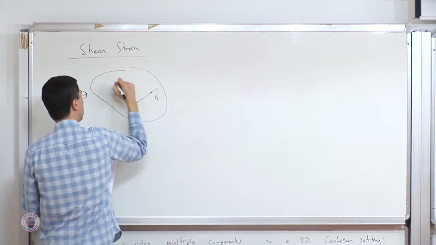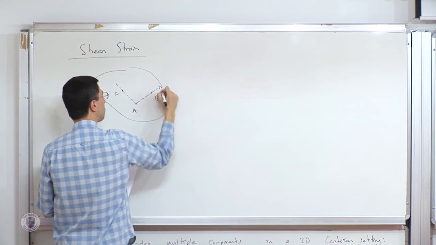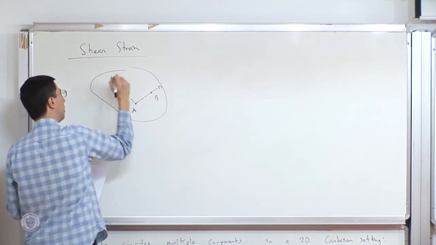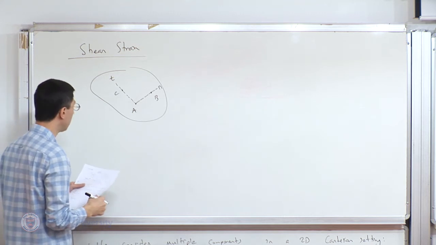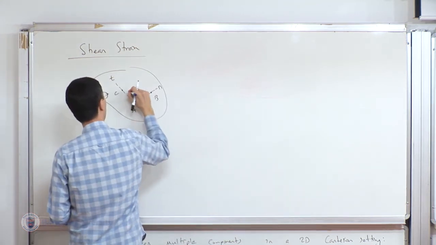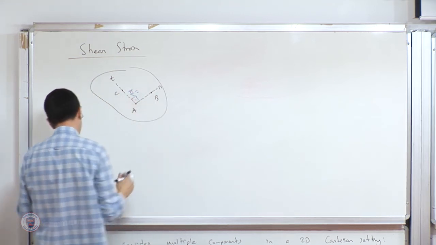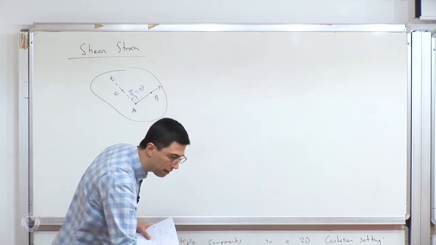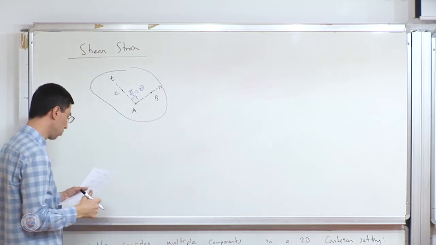And this direction, A to B, as before, I will call it the direction N, and this is a perpendicular direction. Let us call it T. So this angle, by my choice, is pi over 2. It did not have to be pi over 2. It could be any other angle, theta, but I chose it to be pi over 2.